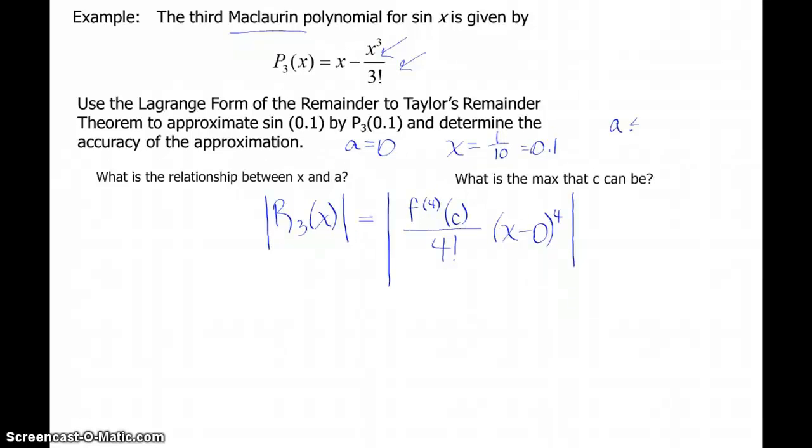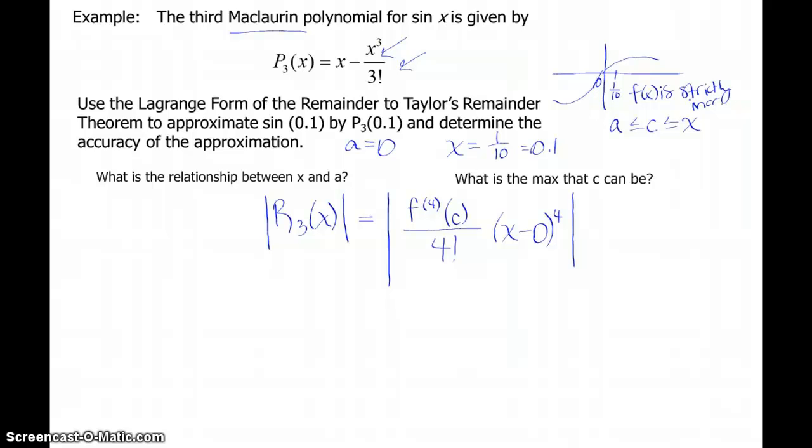So we're dealing with the case that this is the relationship between a and x. And we know that the sine function in the plane behaves like this. And so from 0 to 1/10, wherever we are along in here, that f of x is strictly increasing.